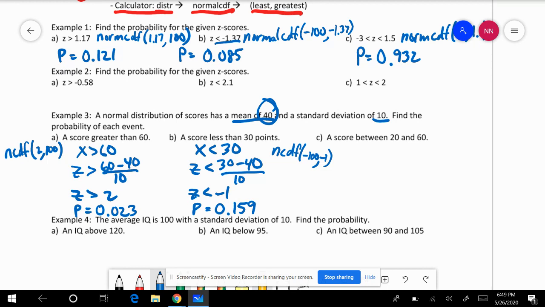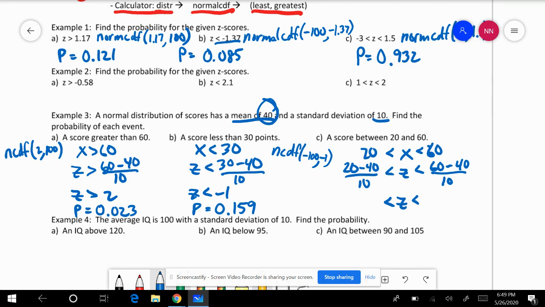Now, looking at letter C, this time it's in between 20 and 60. So if it's in between 20 and 60, that means that our z value is going to be in between also. 20, which is our x value, minus the mean, divided by the standard deviation. We're going to do the same thing with 60, minus the mean, divided by the standard deviation. That gives us two values.